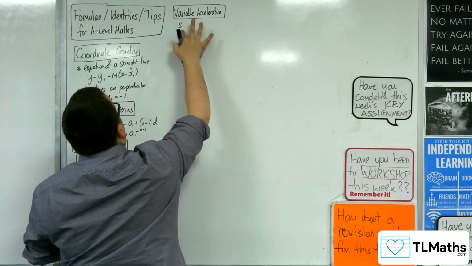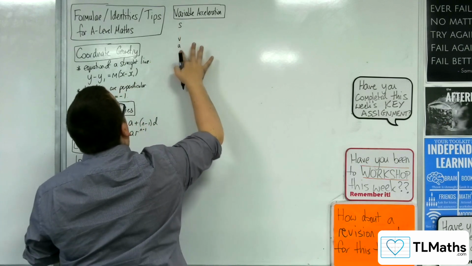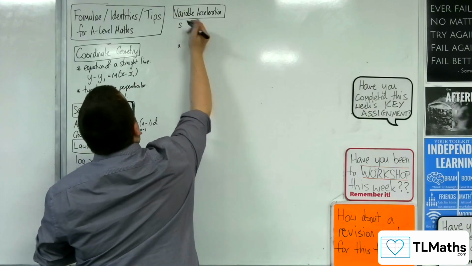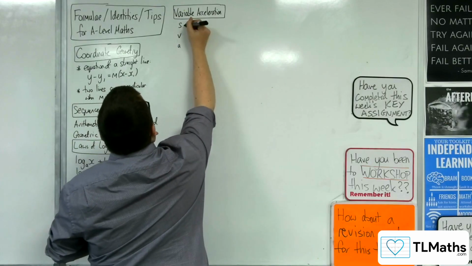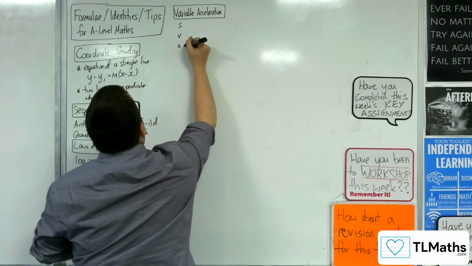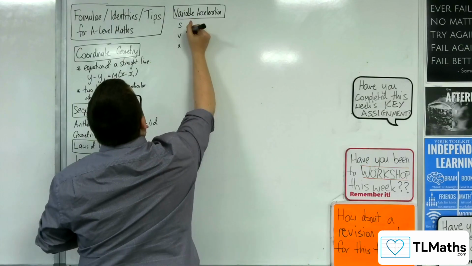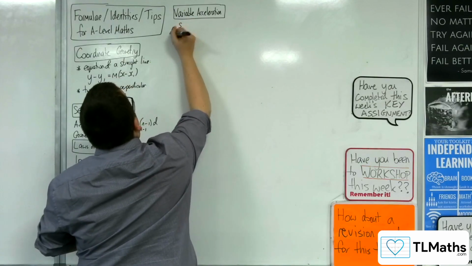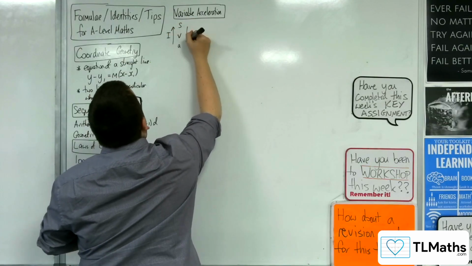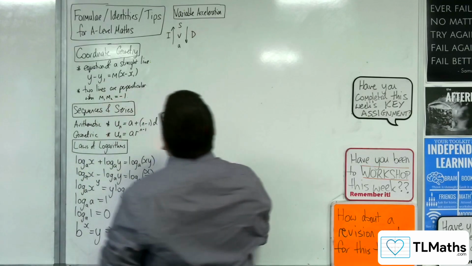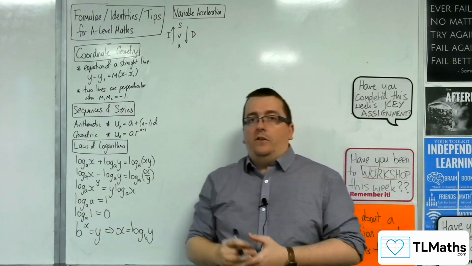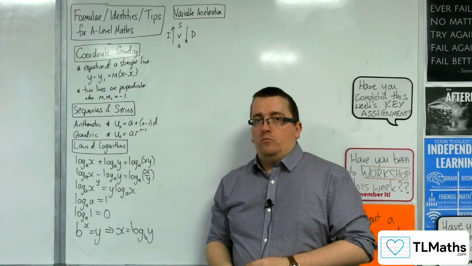So if you just think about ignoring the u, ignoring the t, you've got SVA. Okay, so displacement, velocity, acceleration. And what you need to do is you can integrate your way up, you're increasing, and you differentiate your way down, decreasing. Okay, so that's how you can deal with variable acceleration problems.